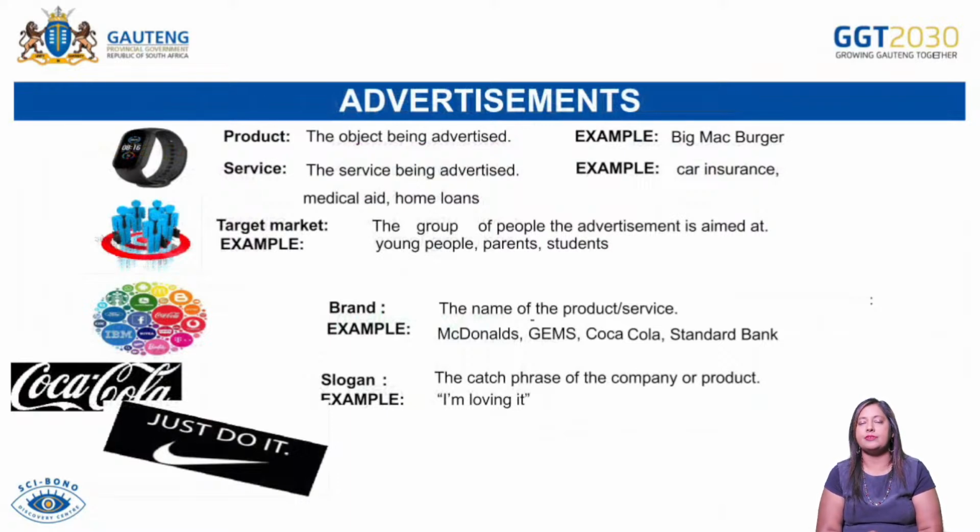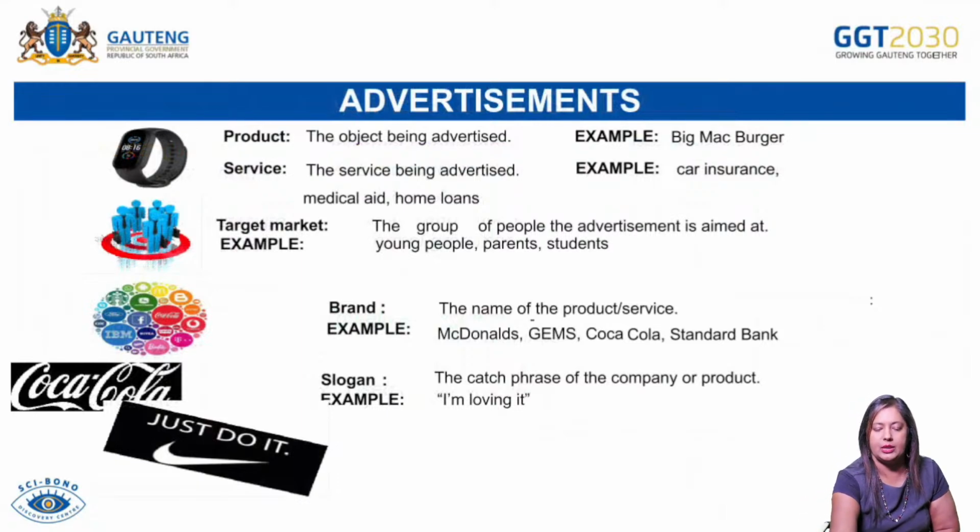Look at brand versus slogan. All right, the brand is the name of the product or the service. The slogan is the catchphrase, that catchy phrase that would not need anything else for us to understand in terms of the sentence. We just listen to that and we know exactly what they are talking about.